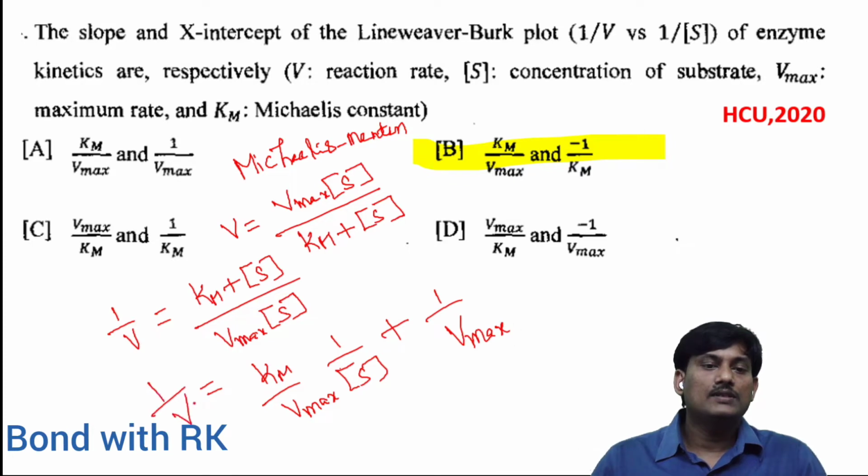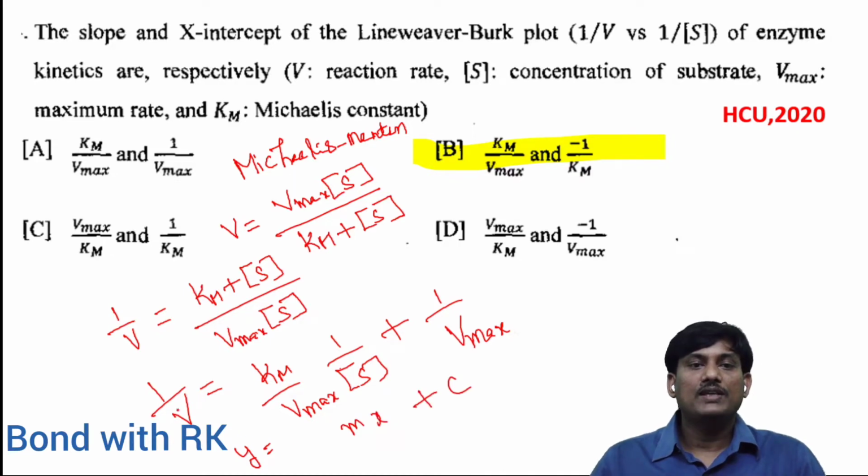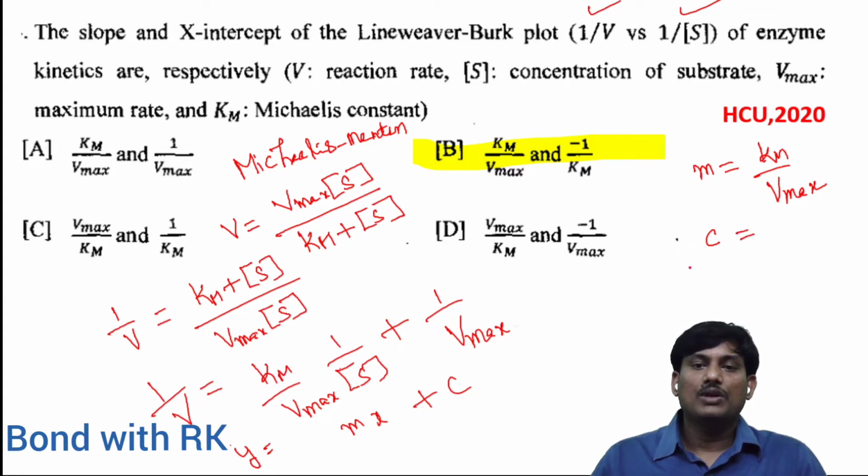This equation is similar to y is equal to mx plus c. Here y is 1 by V, it is a plot between 1 by V and 1 by S. So y is 1 by V, x is 1 by S, and c is 1 by V max. So here the slope m is equal to Km by V max, and c, the y-intercept, is equal to 1 by V max.